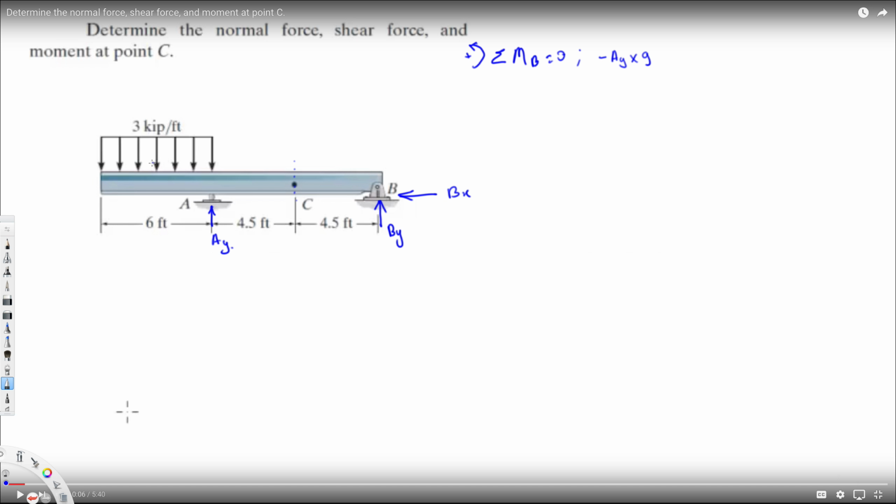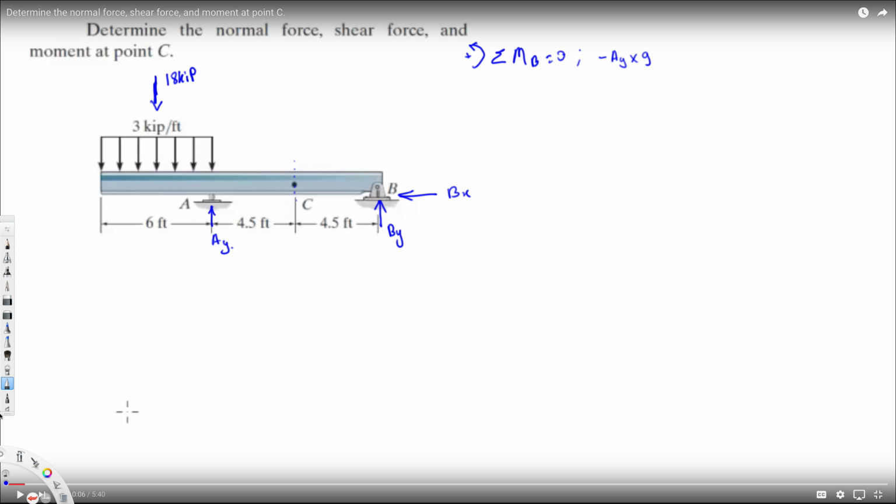Then we have this, and this is 3 kilopascal, and the distance is 6 feet. This represents equal forces, so we have to find the one force exactly in the middle. To calculate that, I can simply multiply 3 by 6 feet. It's going to be 18 kilopounds exactly in the middle.